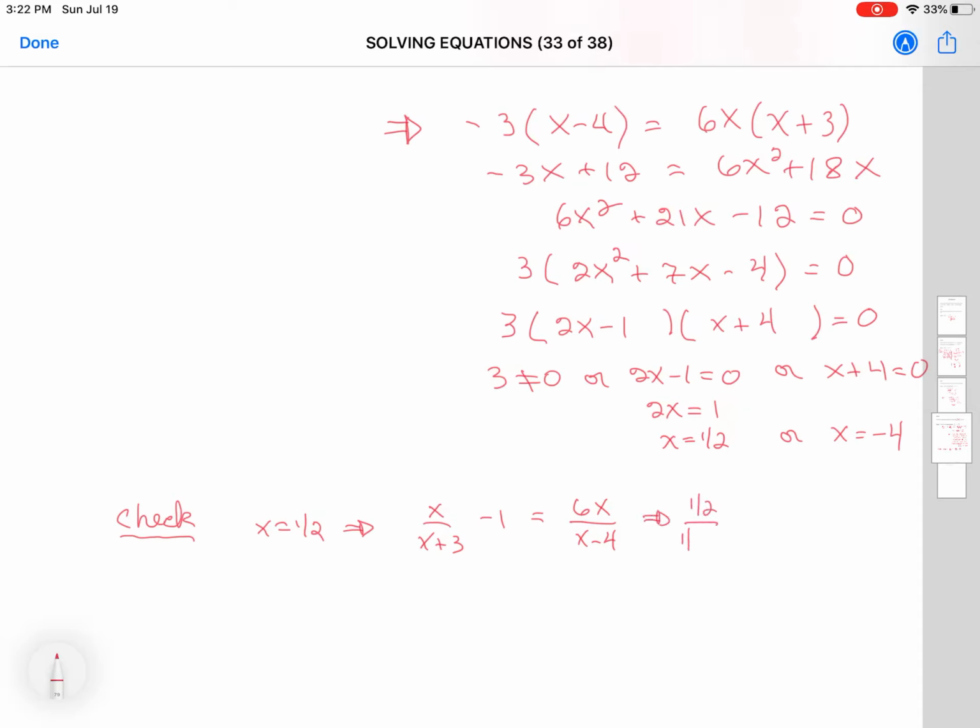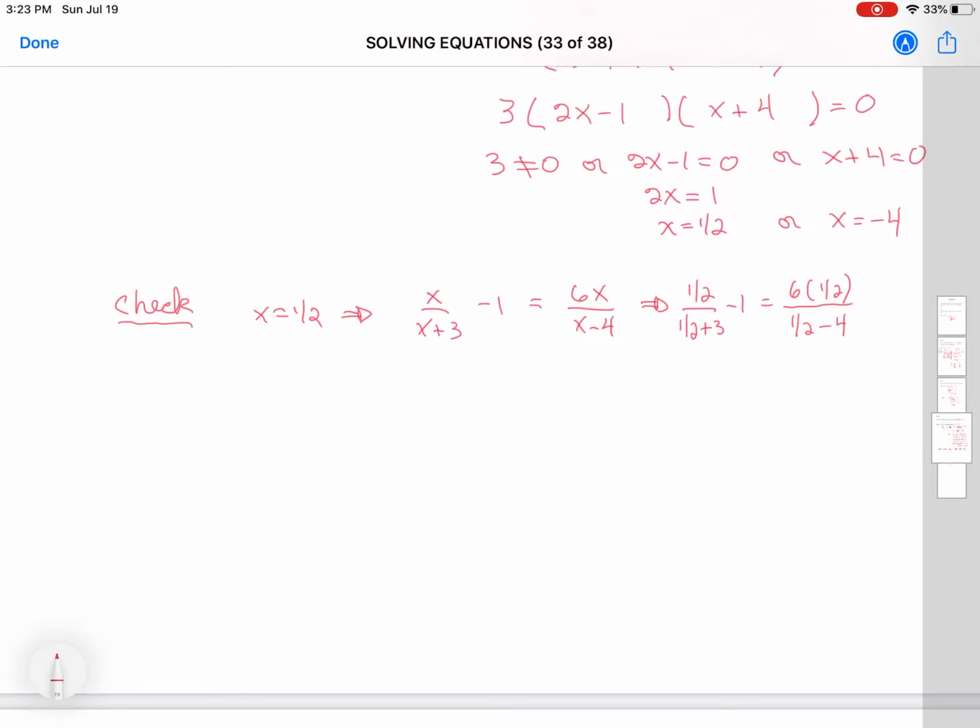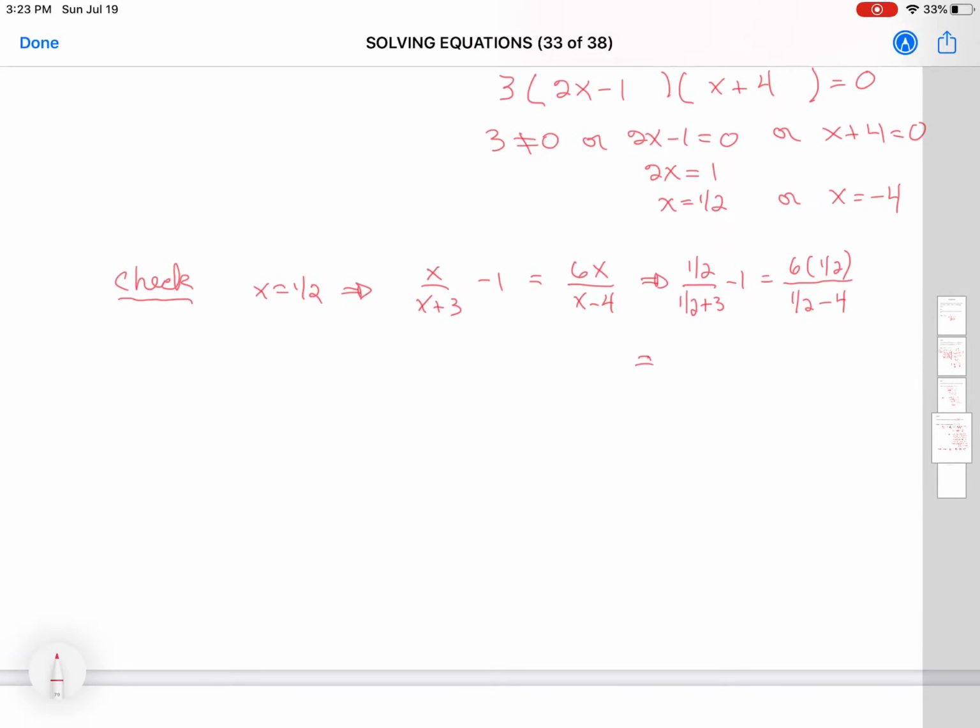And I'm going to put in 1/2 in there. What am I going to get? 1/2 over 1/2 plus 3 minus 1. That's equal to 6 times 1/2 over 1/2 minus 4. So what is that?